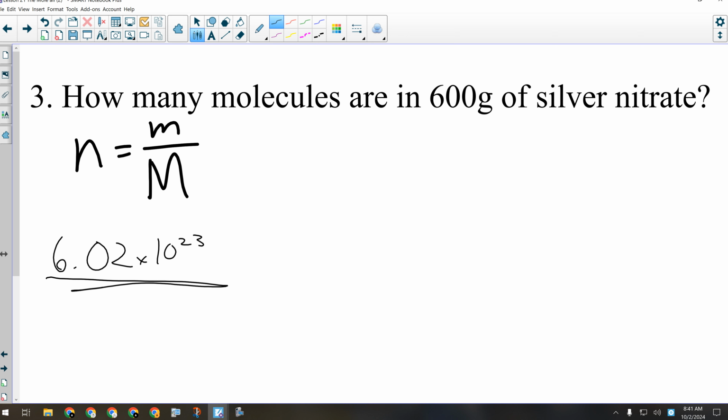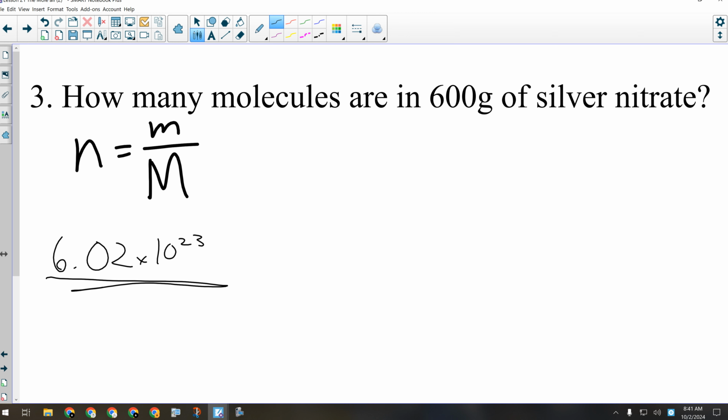Now, what if I gave you the number of molecules and I wanted you to calculate the number of moles? Then you would divide. Exactly. It would be like if I said, I have 48 donuts. How many dozen do I have? How did you do that? Exactly. You took the number you have and divided by how many are in a dozen.